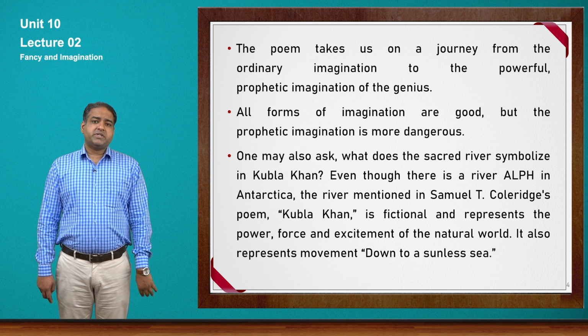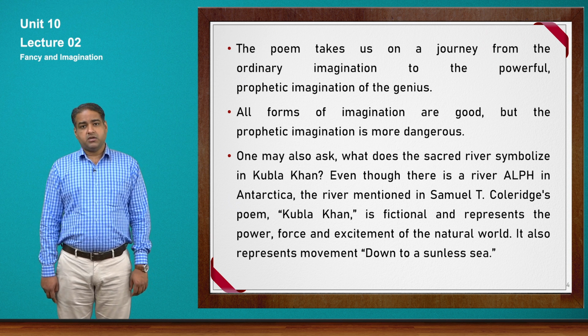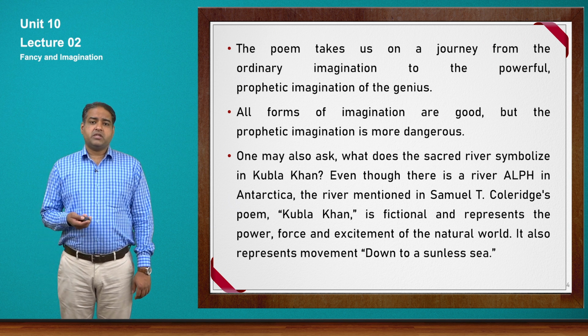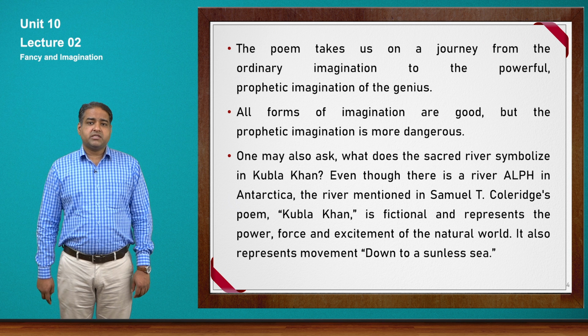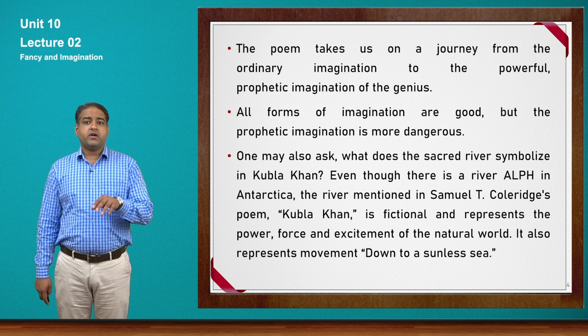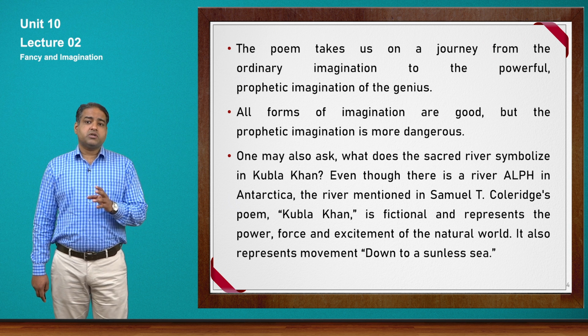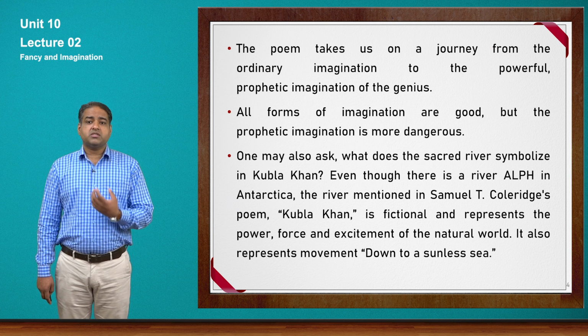It also represents movement down to a sunless sea. So, friends, another representation of the river is that it is moving down to a sunless sea. The river is moving somewhere down, where the sea cannot see the sun, down to the sunless sea.